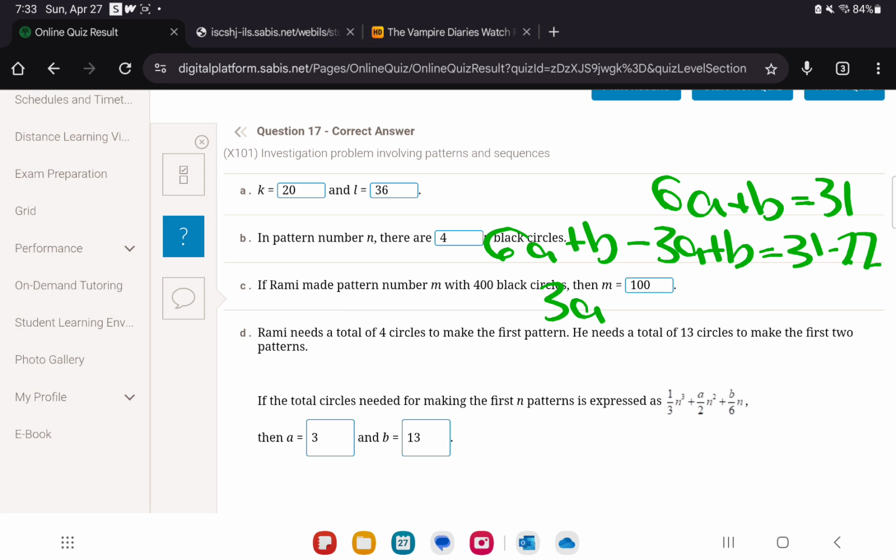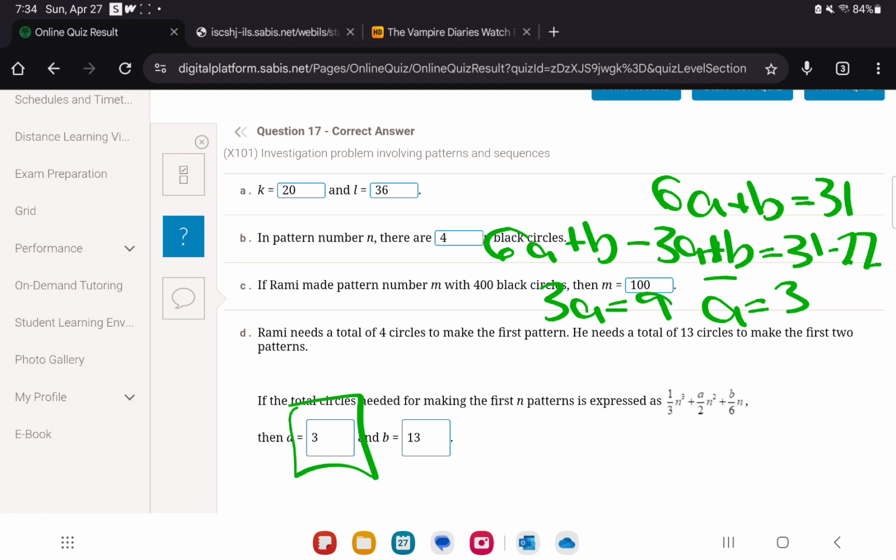And then, actually, because we're minusing 3a plus b, we have to multiply the minus by both sides. So here it's minus b, it's not plus b. So plus b minus b, we cancel out the b. Okay, then 31 minus 22, you get 9. So a is equal to 3.